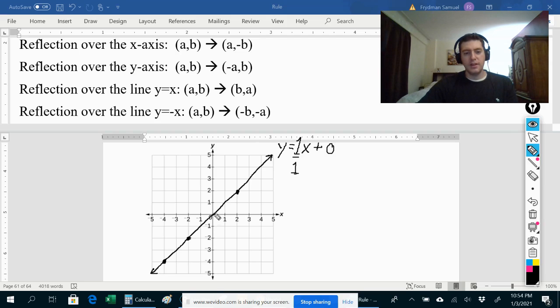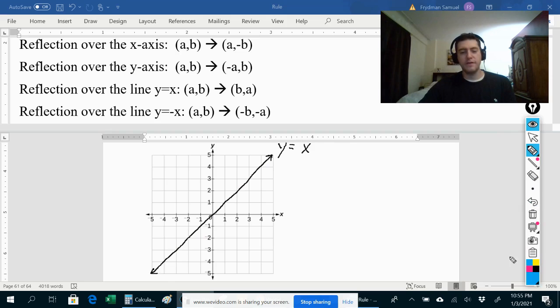And then if I start here, to get another point, the rise is 1 and the run is 1. So I could go up 1 and then over 1 to get another point here. Then I could draw a line through these points, and you can see that it's the exact same line that I drew earlier. Anyway, all that's really important here is that this is the line y equals x.